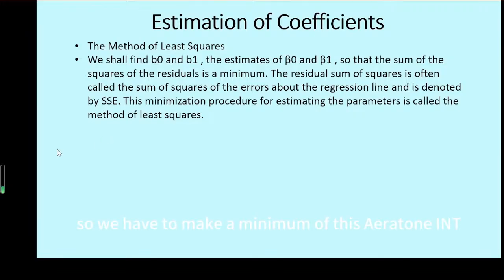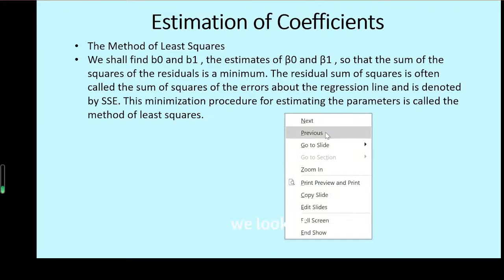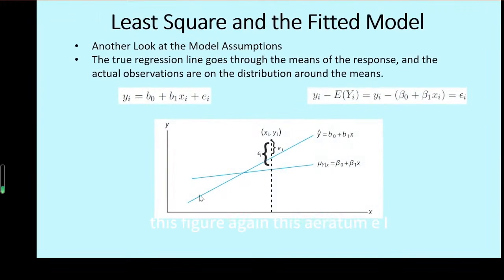So we have to minimize this error term between the fitted line and the observed values. The residual sum of squares is often called the sum of squares of the errors about the regression line and is denoted by SSE. We look at this figure again.